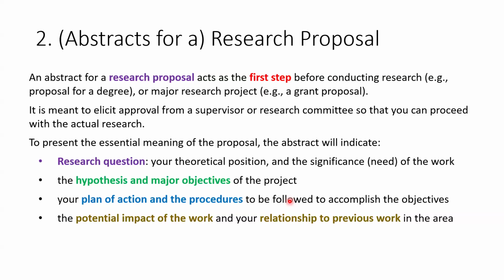So your objective would be to write about what you're planning to do rather than what you have already done, right? So this type of abstract is therefore different from the one that we have already discussed. Think of this as the first step in your research.